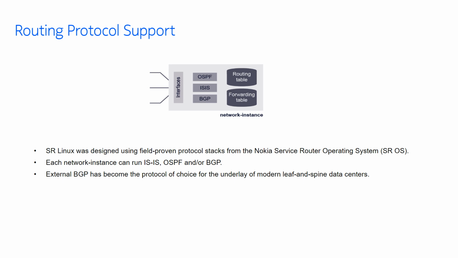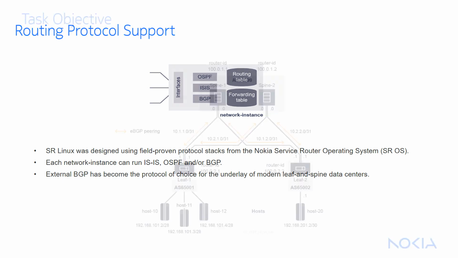BGP utilizes routing policies to control the flow of network updates into and out of a router. BGP is the routing protocol of the Internet, and with multi-protocol extensions, BGP can be used for many different applications such as multicast, IPv6, Layer 2 and Layer 3 VPNs.